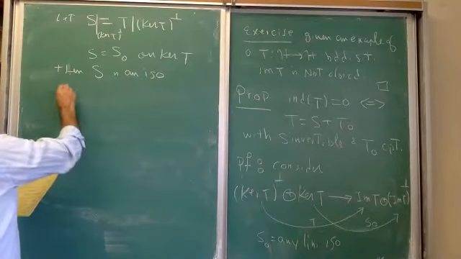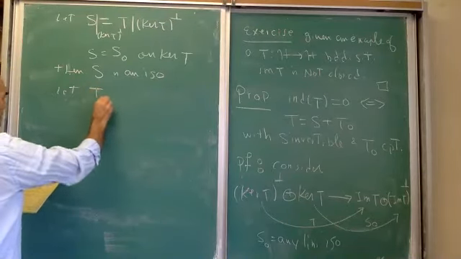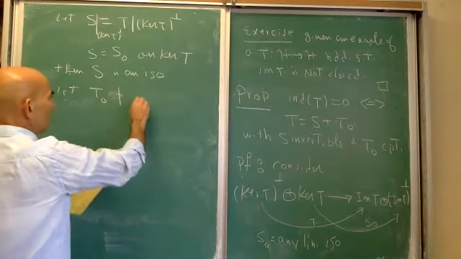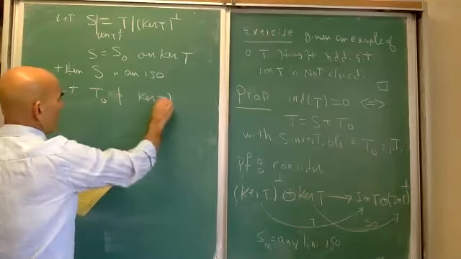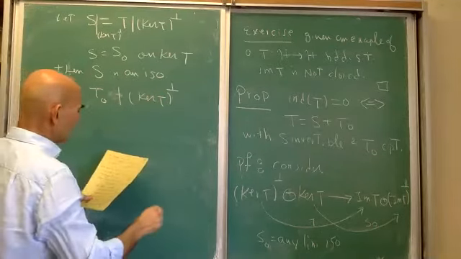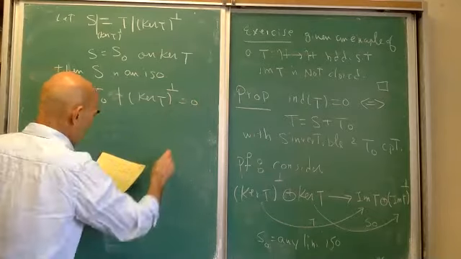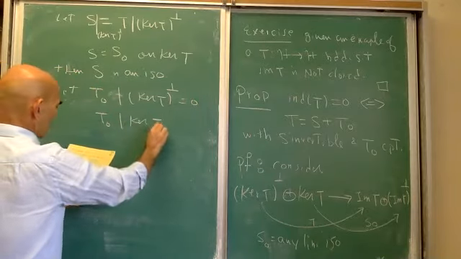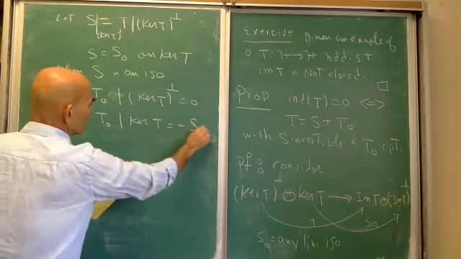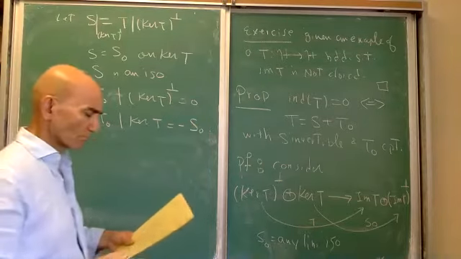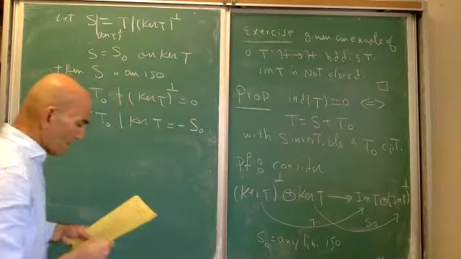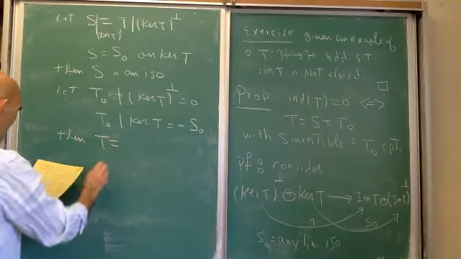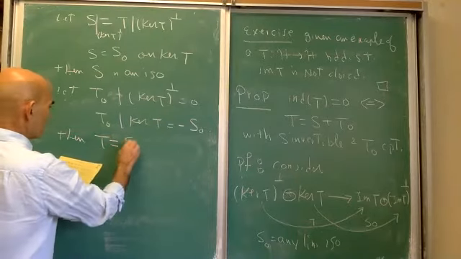Now let T0 be equal to S0 restricted to the orthogonal complement of the kernel of T, equal to 0, and T0 restricted to the kernel of T be equal to minus S0. Then T is equal to S plus T0.